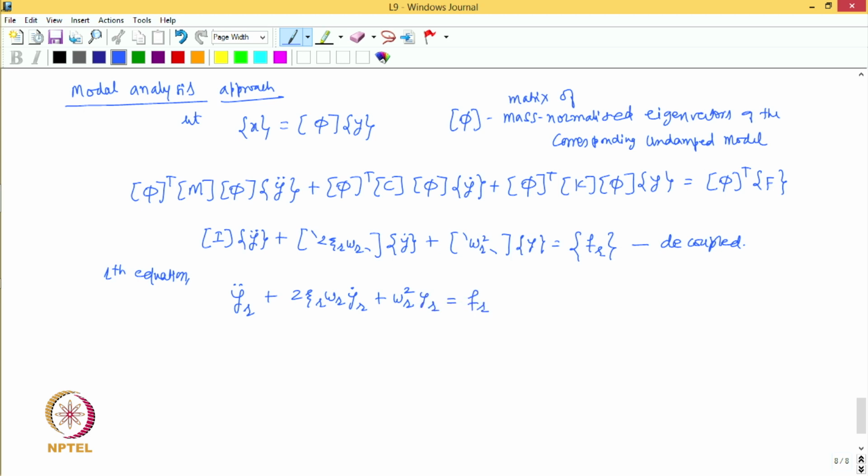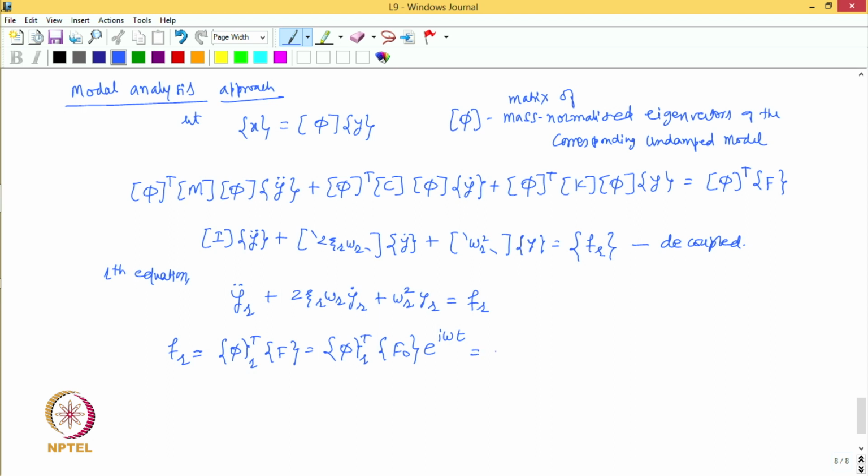plus 2 zeta r omega r y r dot plus omega r square y r is equal to F r. Because the forces acting on the system are harmonic at frequency omega, the modal force F r would also be harmonic. The modal force F r is nothing but the dot product of the Rth eigenvector and the vector of external forces, phi r transpose F, which is F naught e to the power I omega t.